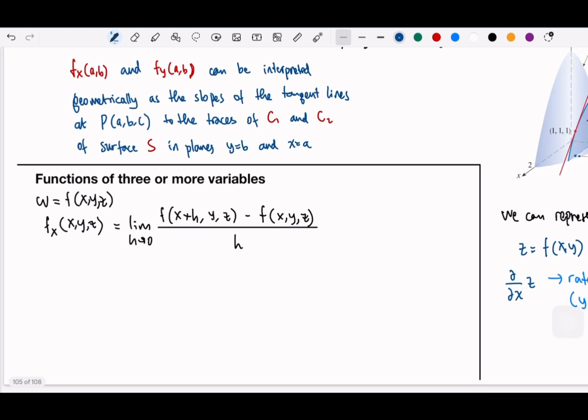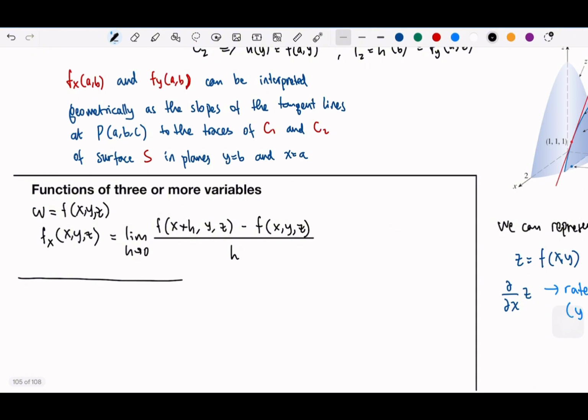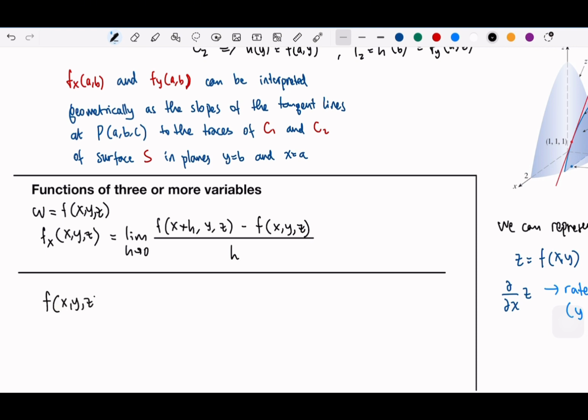So, as an example, in practice, if you have f(x, y, z), let's say this is e to the xy times ln z. So we have 3 variables now.